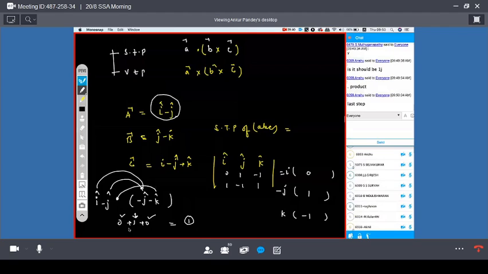Okay, in dot product the vector sign won't come up.